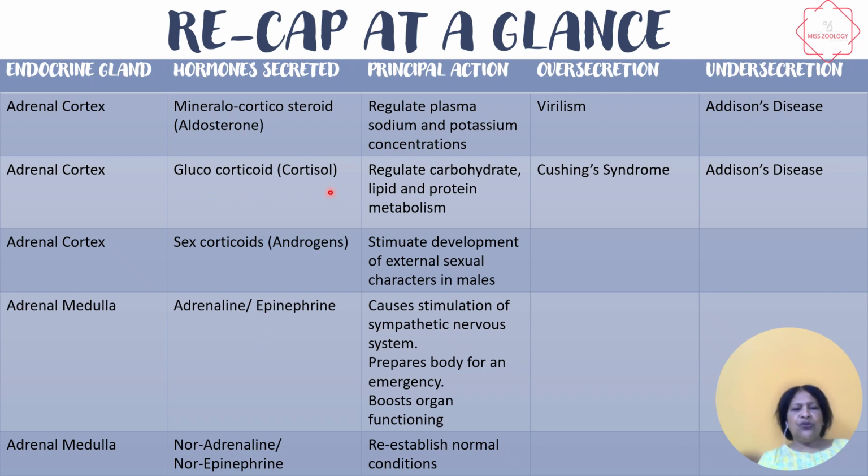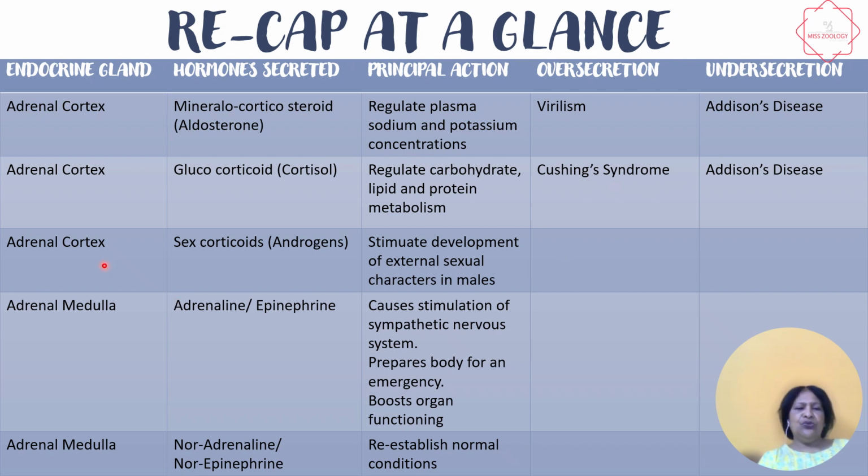This glucocorticoid regulates the carbohydrate, protein, and lipid metabolism in the body. When this is over-secreted, this leads to Cushing syndrome, expressed by hyperglycemic conditions, retention of water in the cells of the body to a larger extent, and a moon-like face expressed in such individuals.